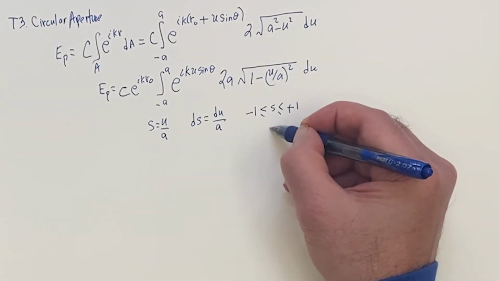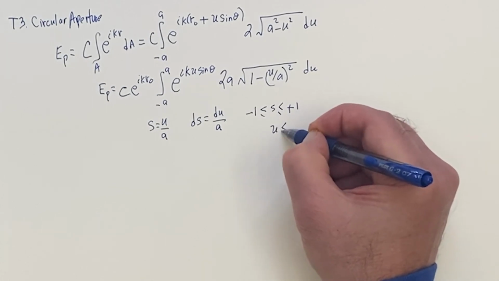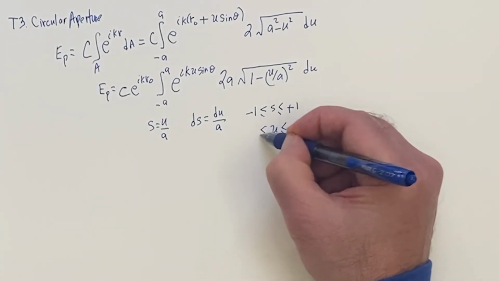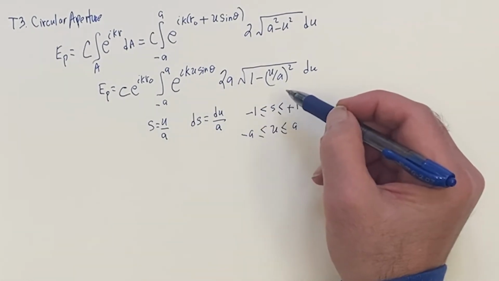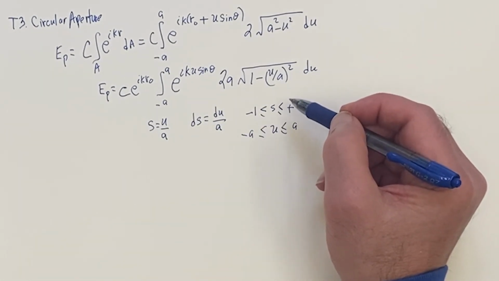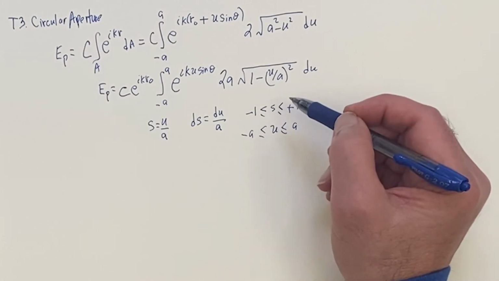So we can just put those down together just so we can see them. U goes from minus A to plus A, and since we're dividing by A for the S variable, we go from -1 to +1.